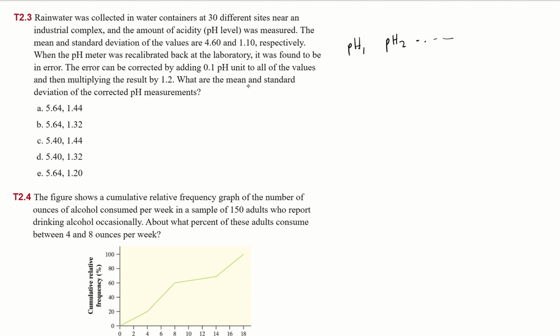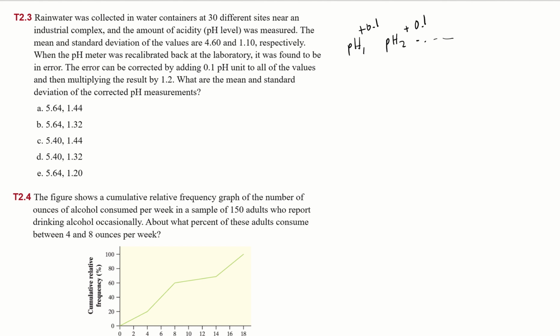And here it says you're adding 0.1 pH to each of these, right? You're doing it to every single number. What is that going to do to the average? Well, that's going to shift the average by plus 0.1, right? So the average is going to be 0.1 higher than it normally is. So you have to understand that if I add the same number to each data point, the mean is going to be shifted by the same amount.